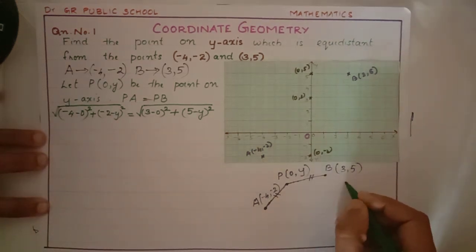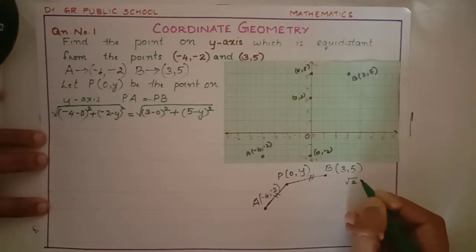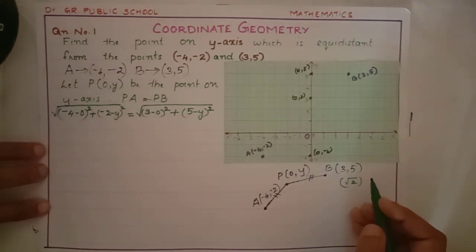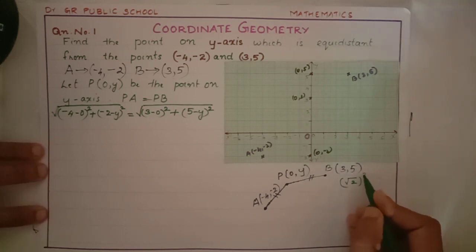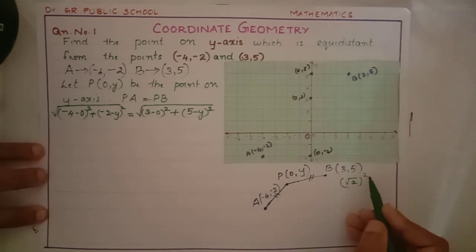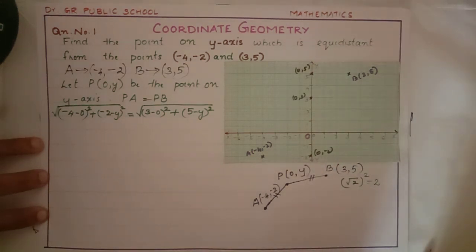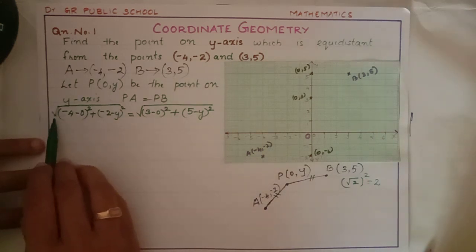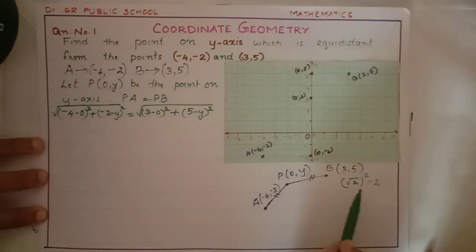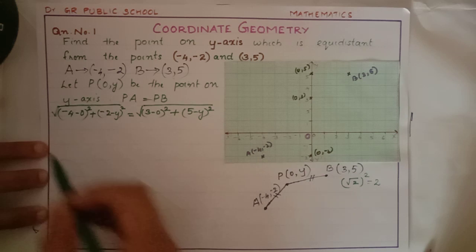So we know when we take the square of square root of 2, that is, square root of 2 squared, what is it? It is 2. Okay, children. So here also, when we take the square, we can remove the square root symbol.